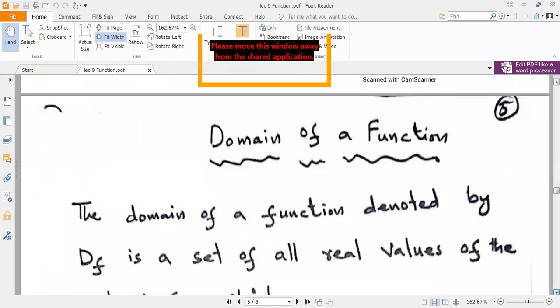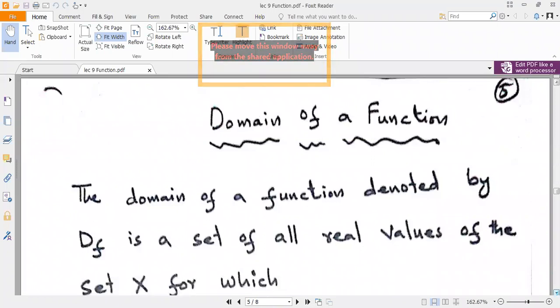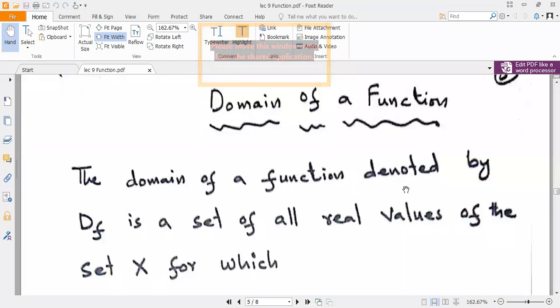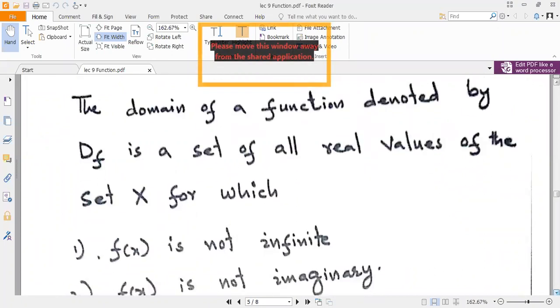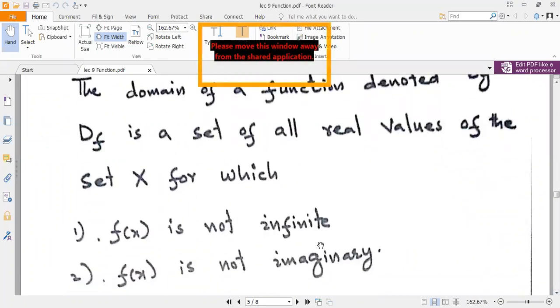Is x a real number, or does x belong to integers or whole numbers? Then the domain of a function, denoted by Df, is the set of all real values of x for which f of x is not infinity and f of x is not imaginary.